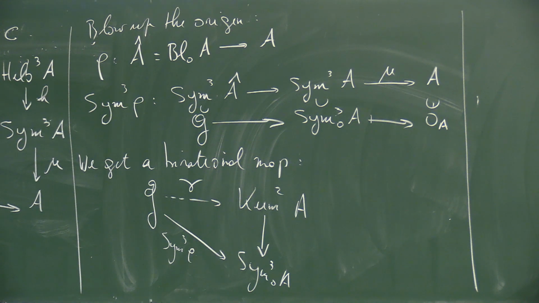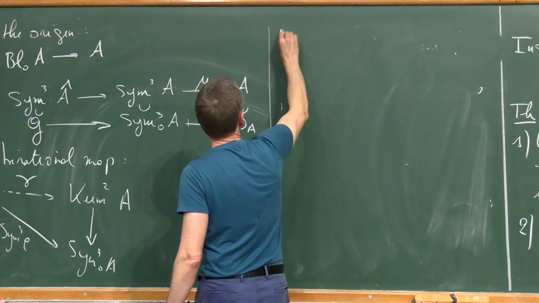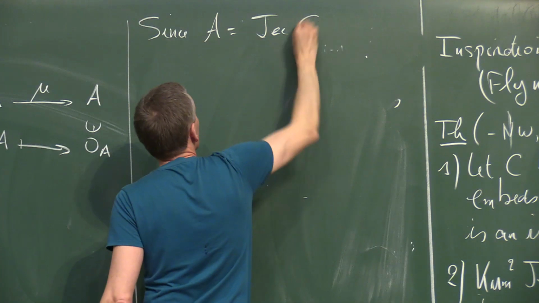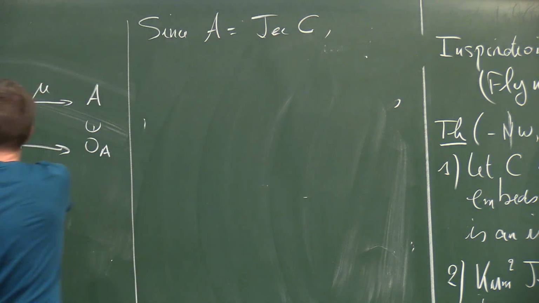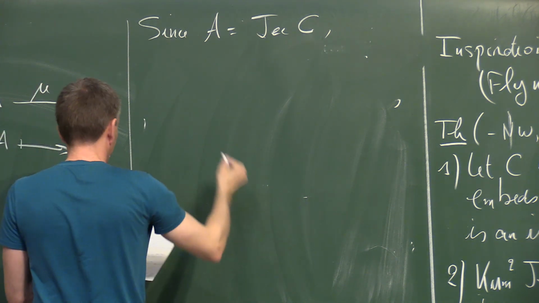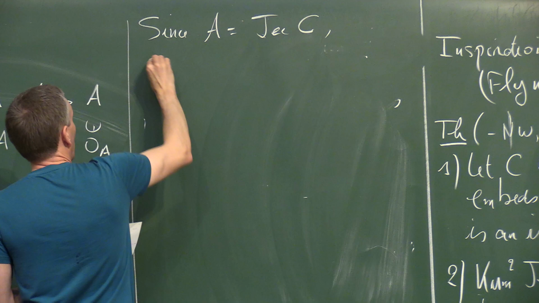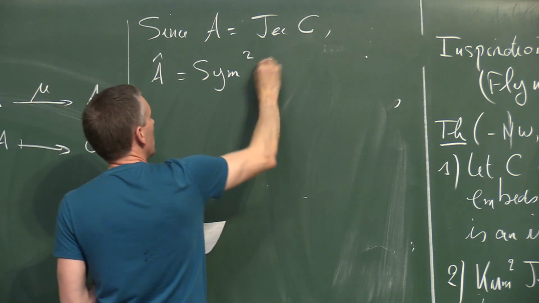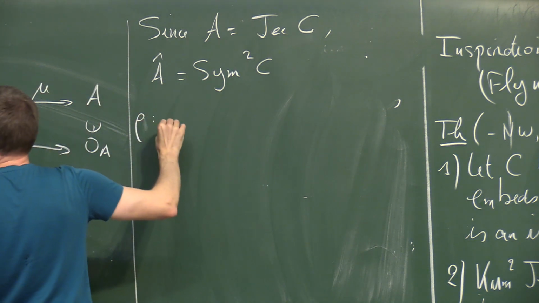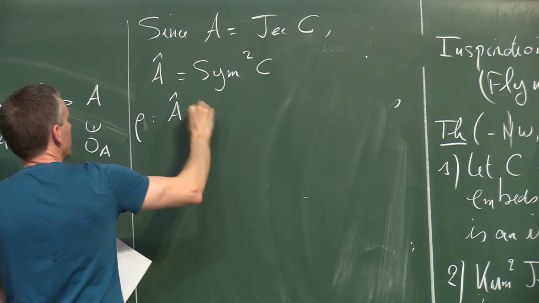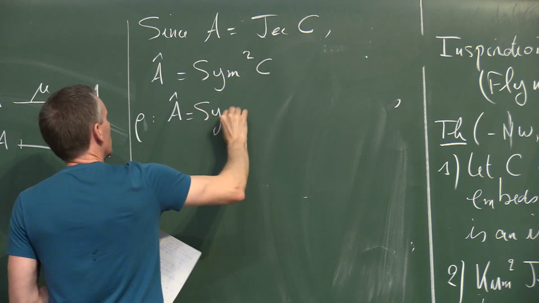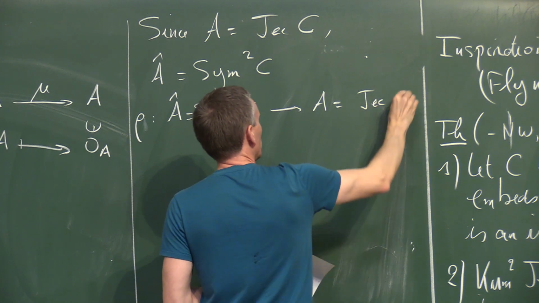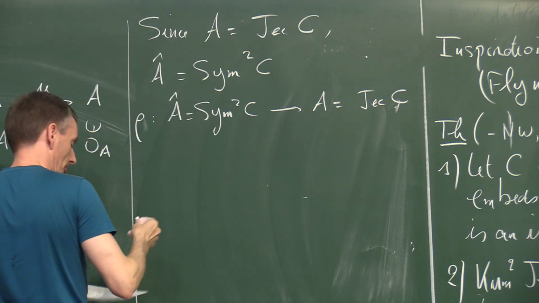Since A is the Jacobian of the genus 2 curve, here this blow-up is very combinatorial. The blow-up is the symmetric product of two elements on C, and the resolution map from this to the Jacobian is the Abel-Jacobi map.